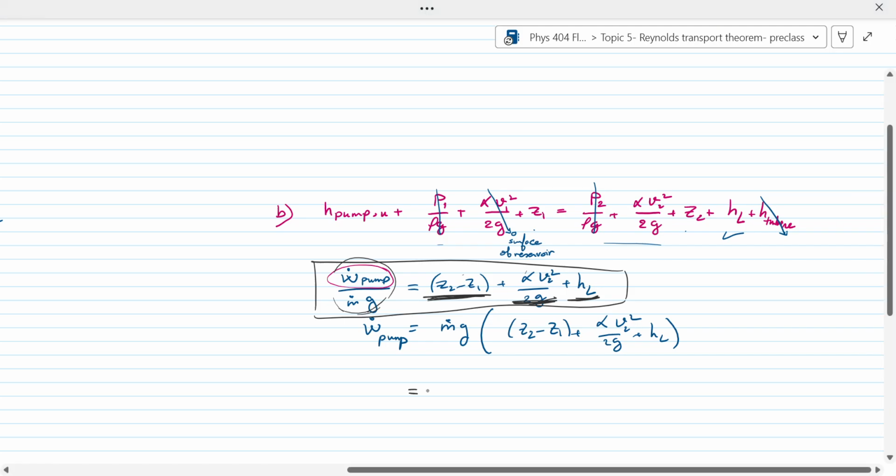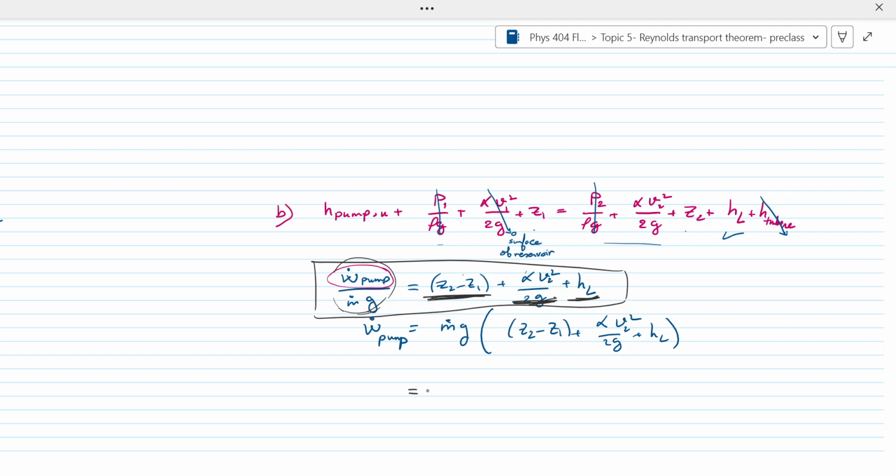So the rest is basically just substitution. M dot is the mass flow rate. I can write this as rho V dot times G into delta Z2 plus alpha V2 squared over 2G plus HL.